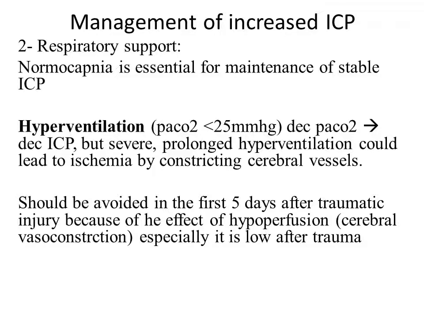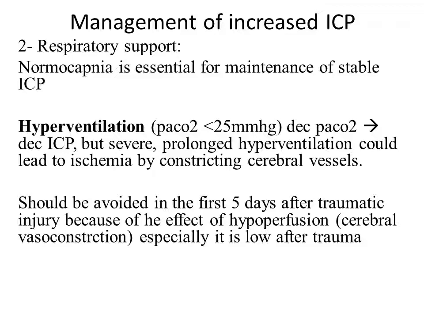The second point, in addition to the mannitol and hypertonic solution, is providing respiratory support. We have to achieve normocapnia, which is normal PaCO2. As we said previously, an elevated level of PaCO2, as in respiratory acidosis, makes CO2 a potent vasodilator, increasing blood volume and increasing ICP.